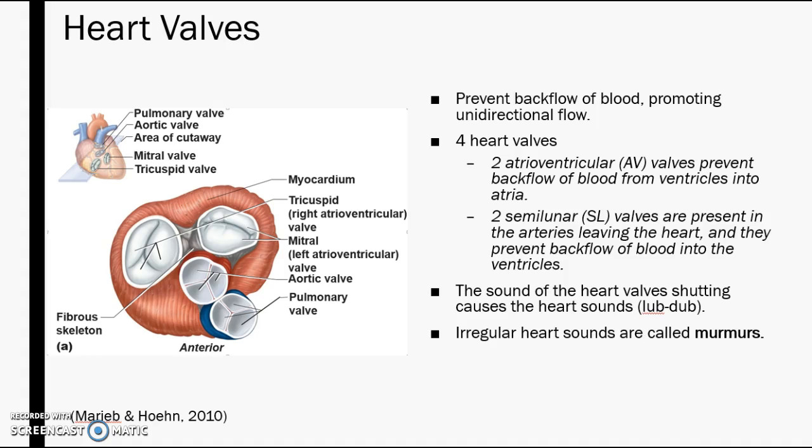And again, once the ventricles build up enough pressure to pump, they will pump blood through those semilunar valves, and then backflow of blood will close those valves to keep blood from coming back into the heart. What you hear when you use your stethoscope, the lub-dub that you're hearing, are those heart valves shutting. So heart valves closing, slamming shut against back pressure of blood, gives us heart sounds. When we have irregular heart sounds, we call those murmurs.